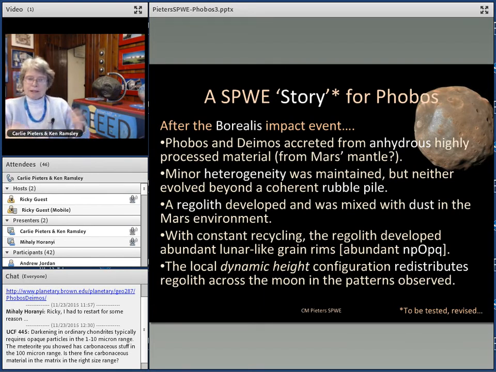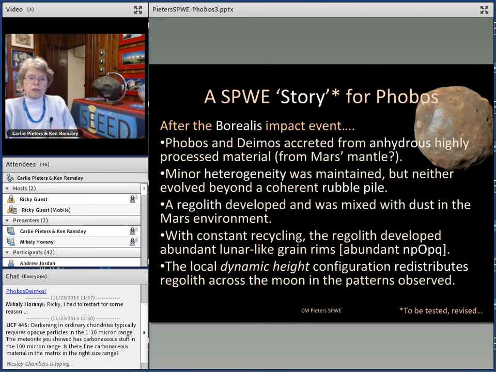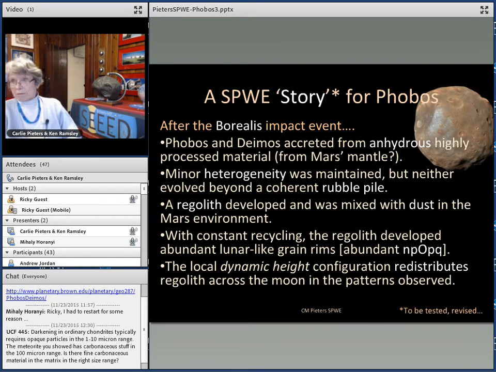After the Borealis impact event, Phobos and Deimos accreted from an anhydrous material, whether it was from Mars mantle, from the impactor, whatever. It had to have had some mafic or iron-bearing component in it. Clearly minor heterogeneity was maintained, but neither evolved beyond a coherent rubble pile.